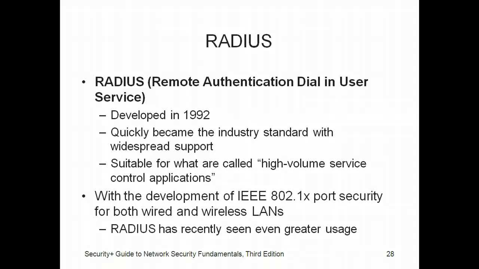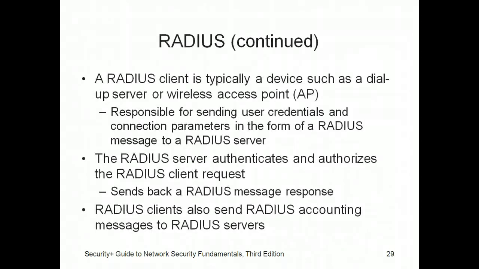And so RADIUS servers are made for that and made for high usage, high data usage. And access points use RADIUS servers a lot of times for what I just mentioned, giving information, data, applications.